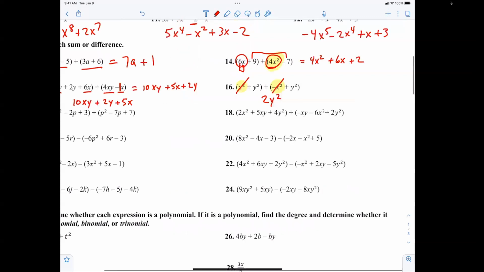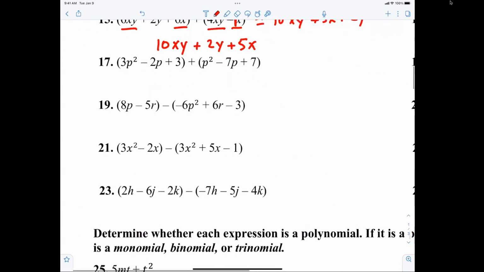All right. So now number 17, Avery, let's go. Come on, say it loud and proud. What power is that?